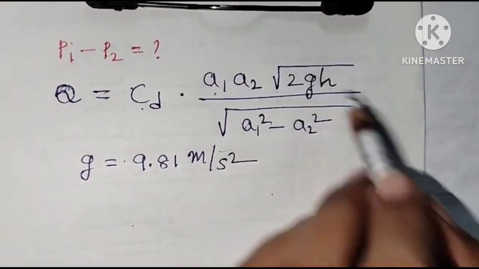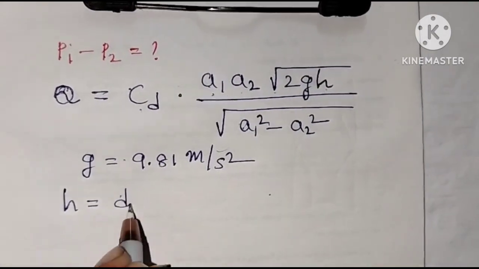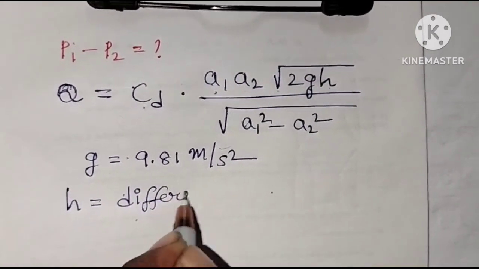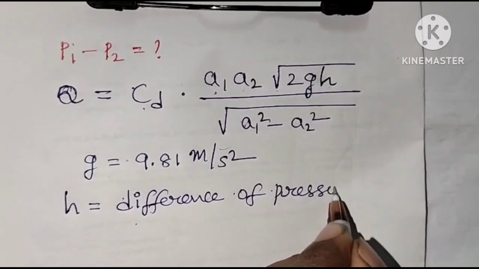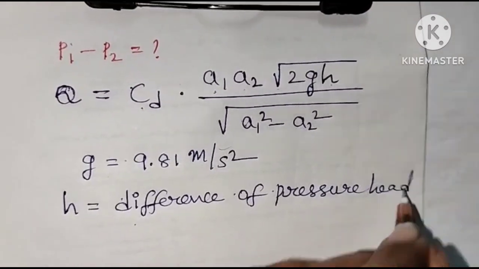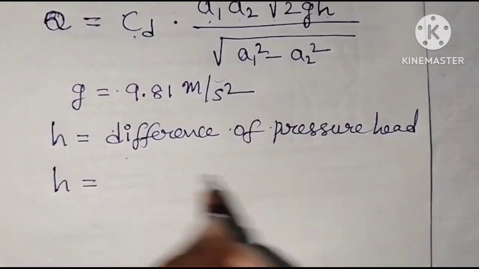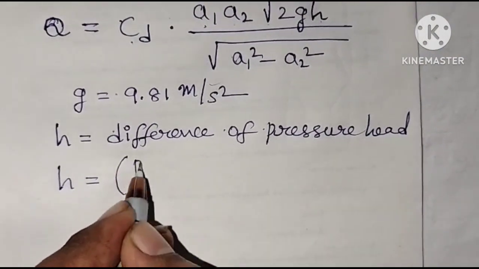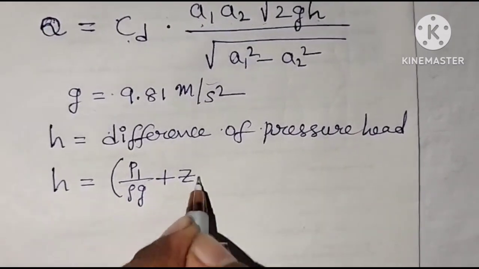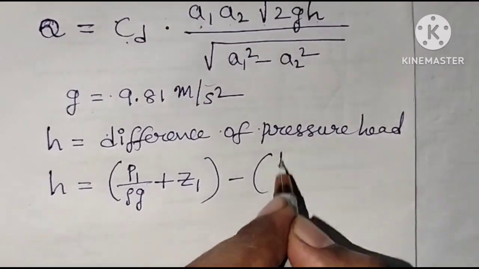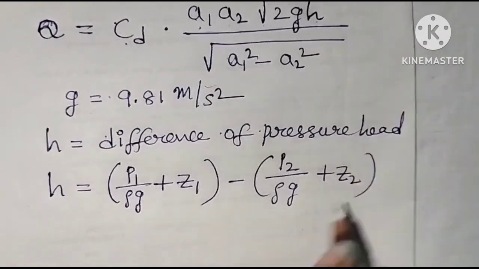So here the only unknown is H. So what is H? H means the difference of pressure head. What is the formula for the difference of pressure head? H is equal to P1 by rho G plus Z1 minus P2 by rho G plus Z2.